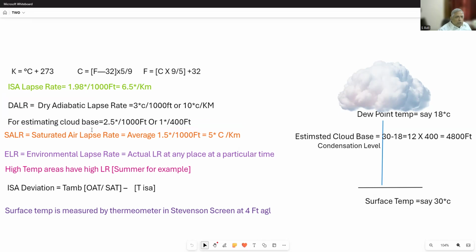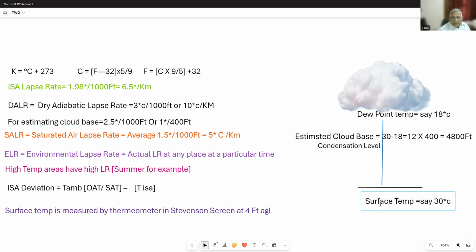In an unsaturated parcel of air, which is neither dry nor saturated, and it is rising up and cooling, we use a lapse rate of 2.5 degrees Celsius per 1,000 feet, or 1 degree Celsius every 400 feet.